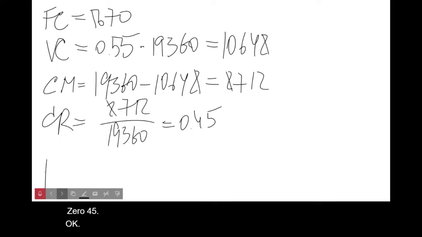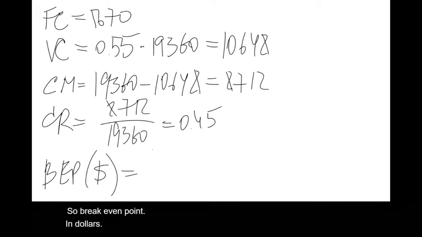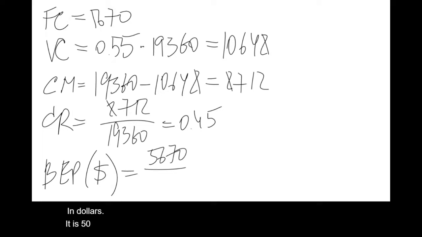So break-even point in dollars is 5670 over 0.45, which is 12,600.